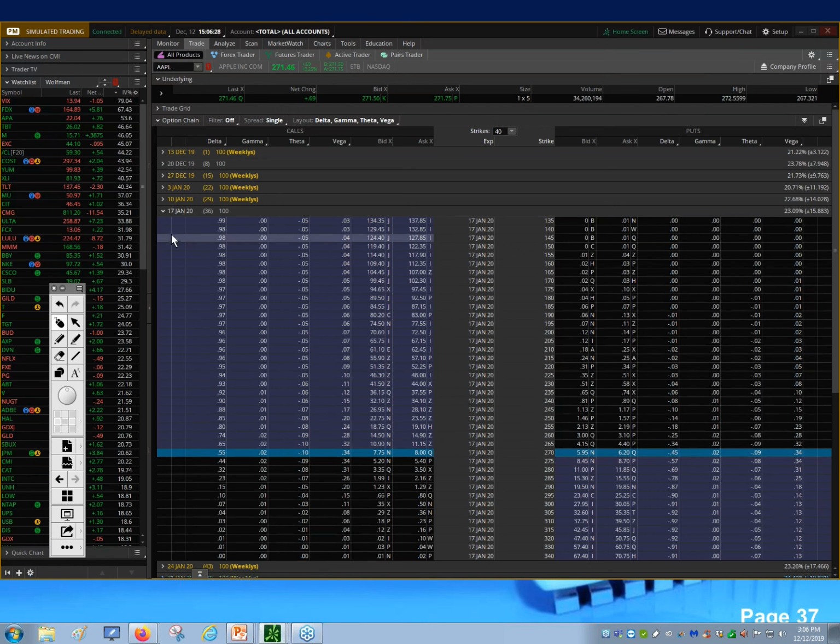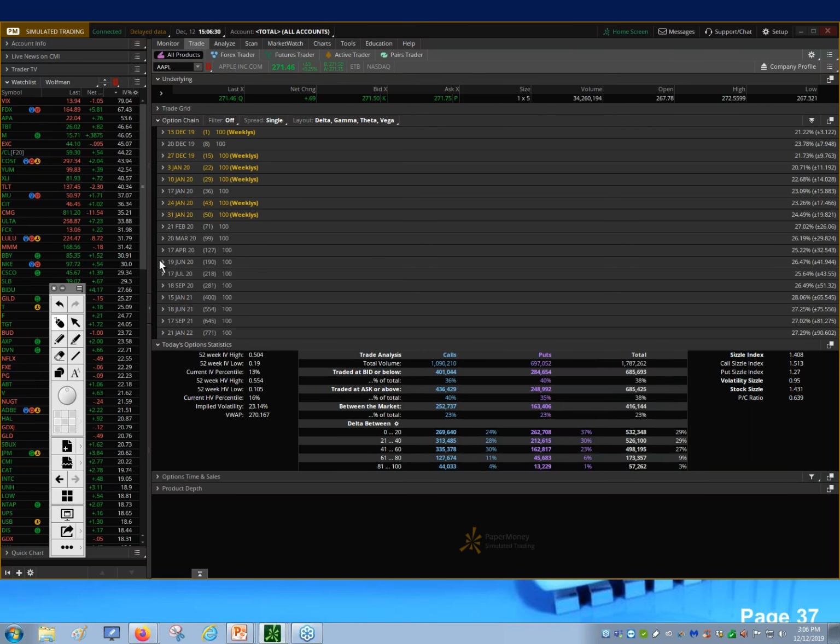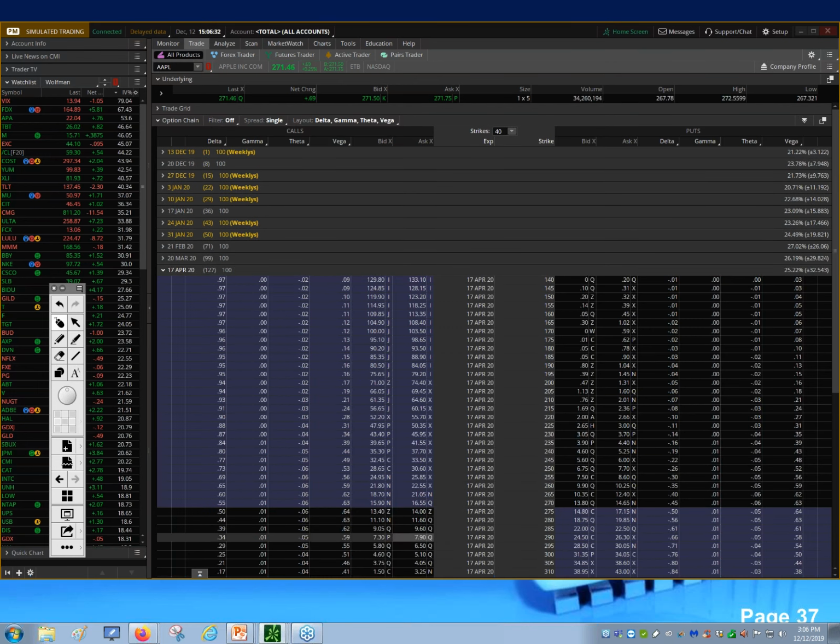And usually when you're going further out in time, which I talked about, going out 100 plus days, these will be offset as well. You can see across the board 64, and on the 70s it's 63. And then the Theta is going to be offset as well. You can see it's 6 cents and 6 cents out here. So those are being offset. That's what I was talking about.